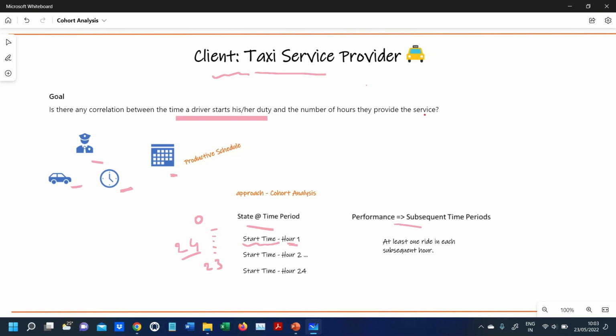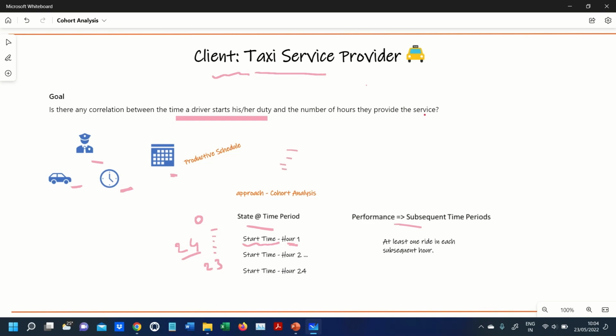And then the performance indicator is whether they delivered the service or not. If you deliver at least one ride in that hour, we consider that the taxi is made available. If the person has not delivered any service, that means there is no transaction record of that particular taxi in our sales data, in our transactional data.